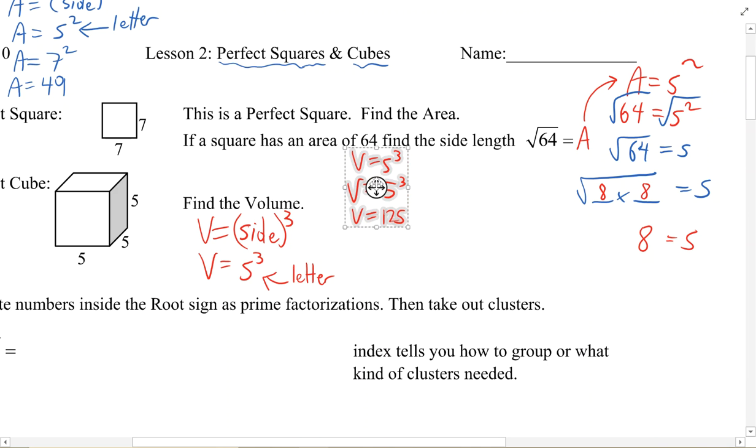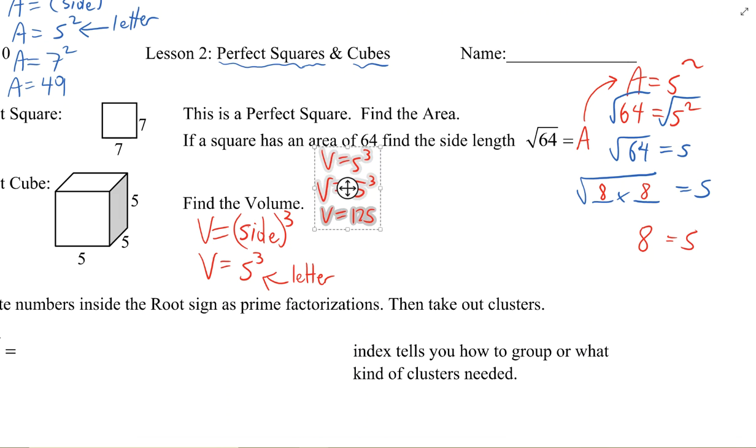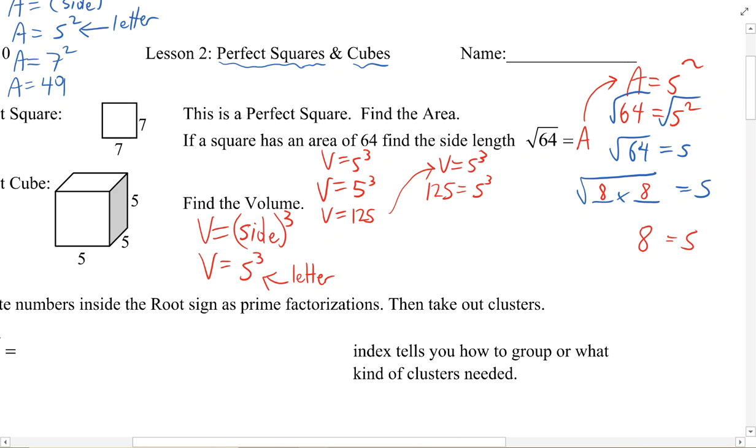If we're working backwards, what would we be doing? Well, we would be cube rooting. The opposite of cubing is cube rooting. So we would take this number and substitute into our formula of V equals S cubed. So we get 125 equals S cubed, and the opposite then is cube rooting. Cube rooting means you have 3 as the index. It goes inside the check mark, right in that location.